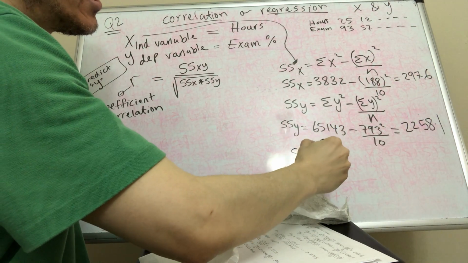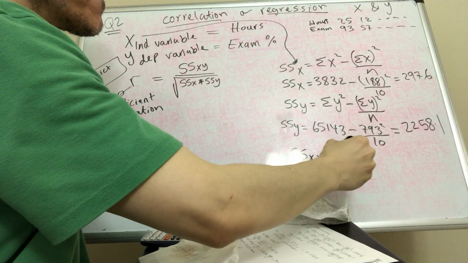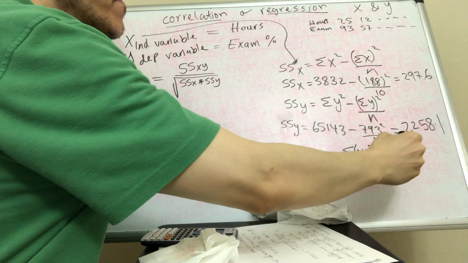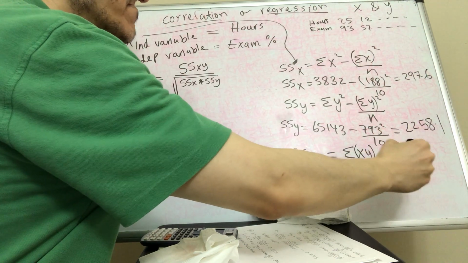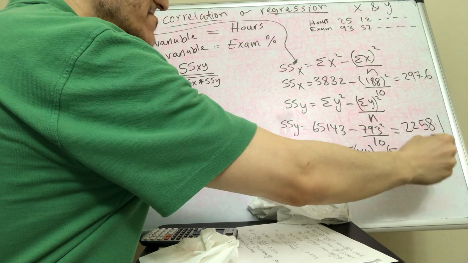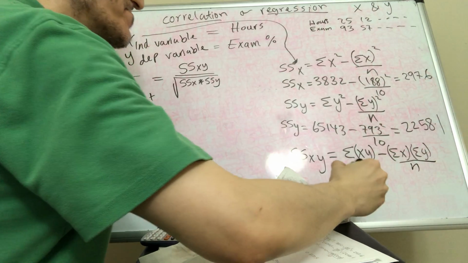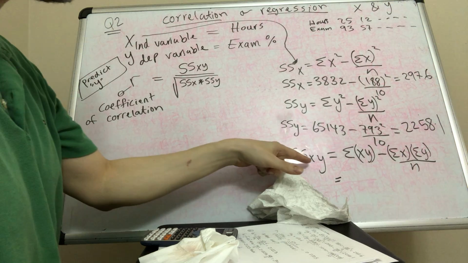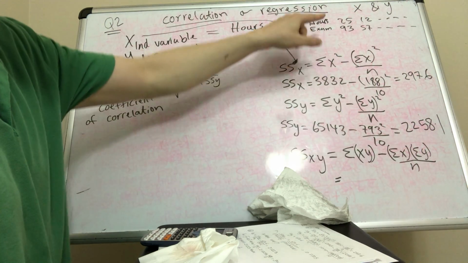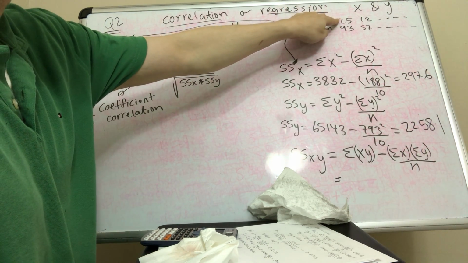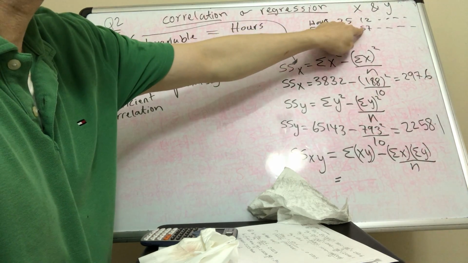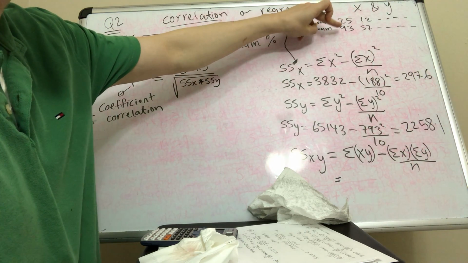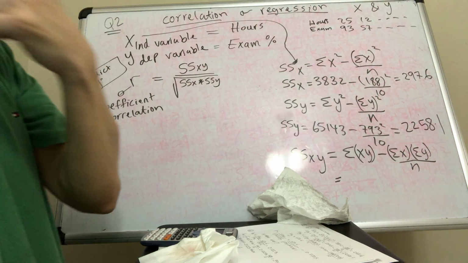You also do the sum of xy, minus sum x, sum y over n. Now, sum of x, y means that you multiply x and y, you get a number. X and y, you get a number. X and y, you get a number. After you multiply each x by the y, you add them all up.